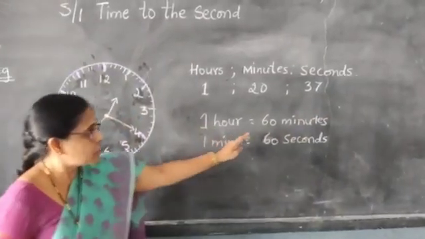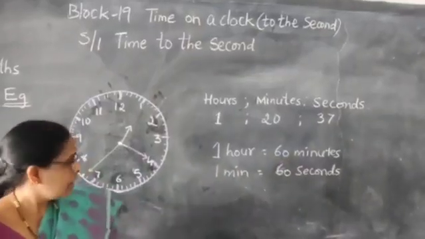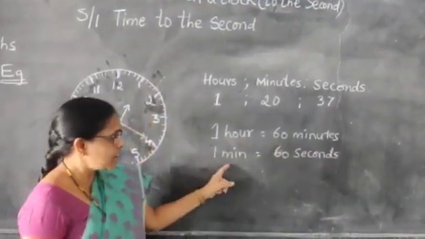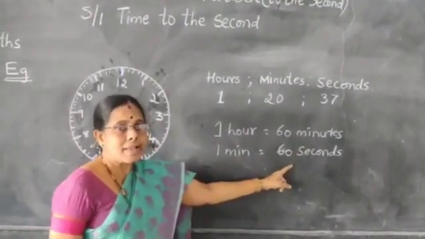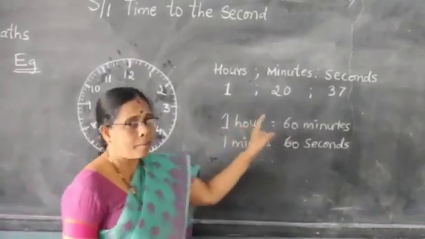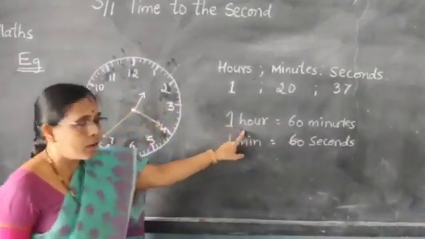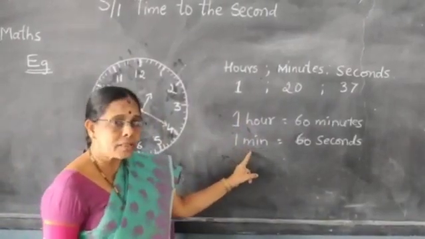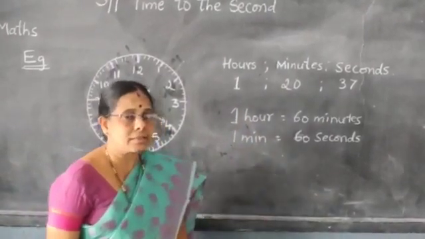As you know, children, 1 hour is equal to 60 minutes. 1 minute is equal to 60 seconds. And an hour is bigger than minutes. You know, 1 hour is bigger than minutes. Minutes are bigger than seconds.